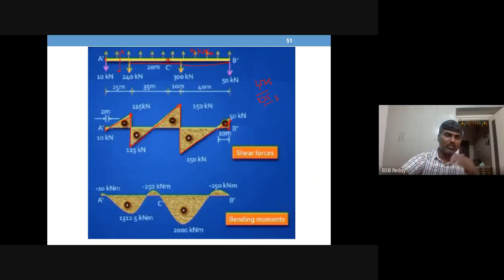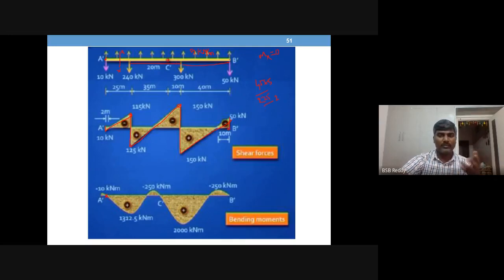Okay, sum of all moments to the left. You have to write the Mx equation. Substitute x equal to 0 and x equal to 25 to get this value, and you will have a point of contraflexure crossing this, so that you have to find by making Mx equal to 0. So this is all like drawing BMD for a beam.